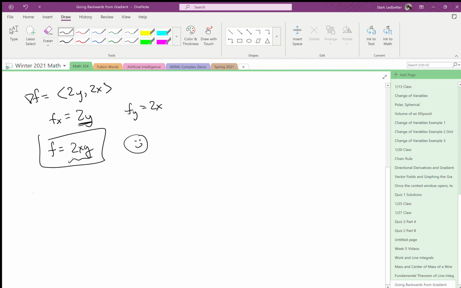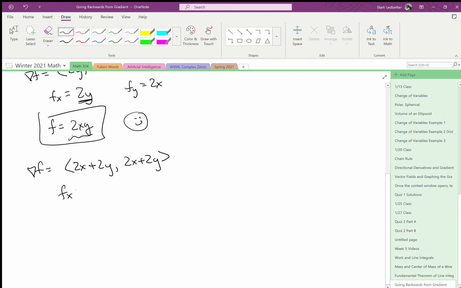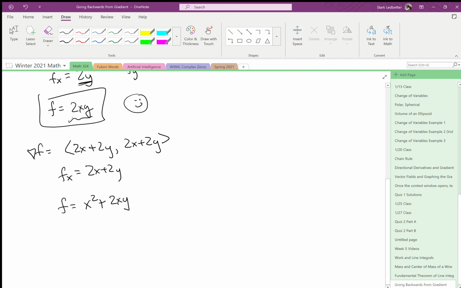Okay, what if I have a little bit more complicated? Now I have 2x plus 2y, comma 2x plus 2y. Okay, now my partial derivative of f with respect to x is 2x plus 2y. So if I start constructing my function, I'm going to want x squared plus 2xy plus maybe more stuff that hopefully doesn't depend on x.